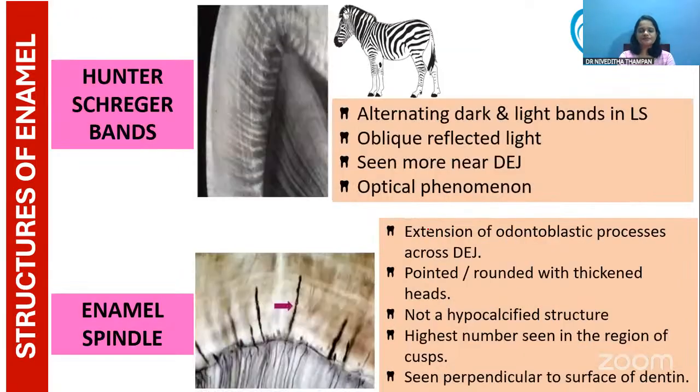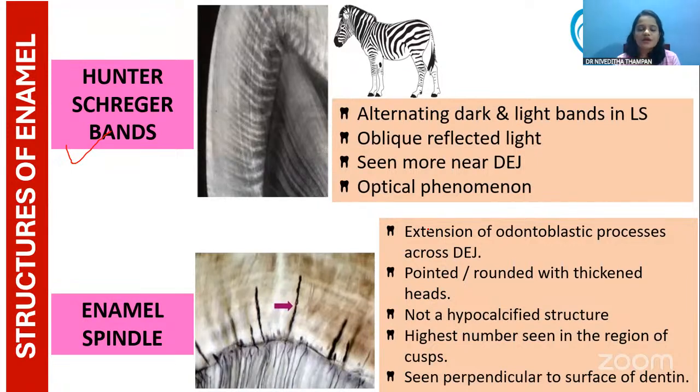Now, there are also something called Hunter-Schreger bands. These Hunter-Schreger bands are like the zebra lines of enamel. They are alternating dark and light bands in the longitudinal section. So if you cut the tooth in the longitudinal section, you'll be able to see such alternating black and white lines, just like zebra lines.